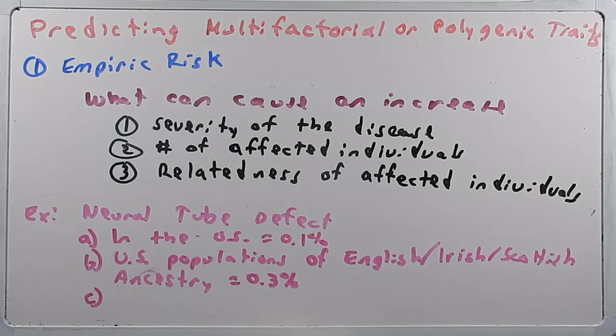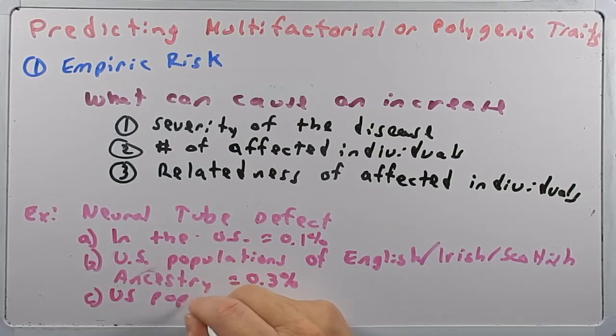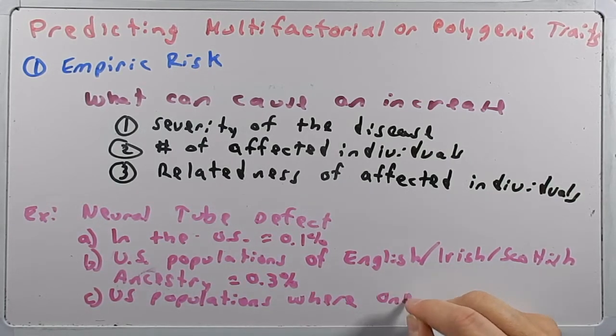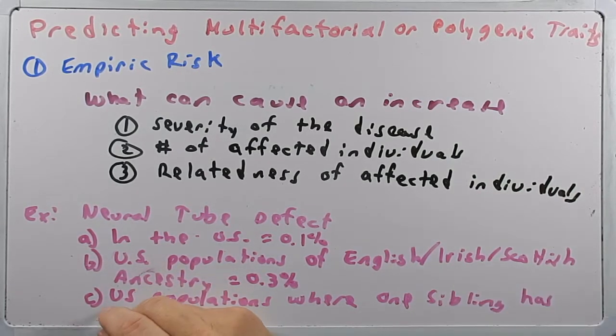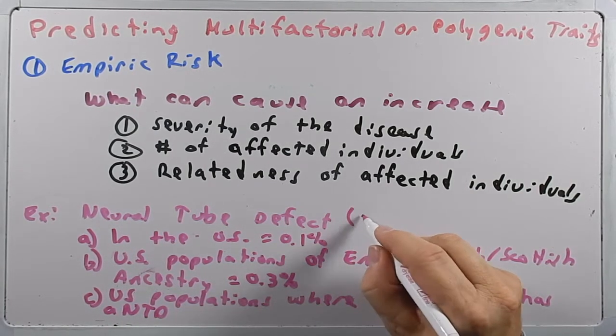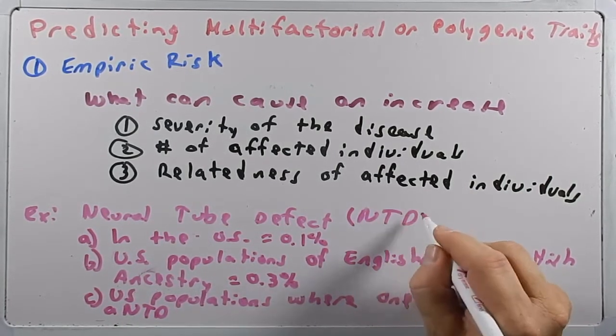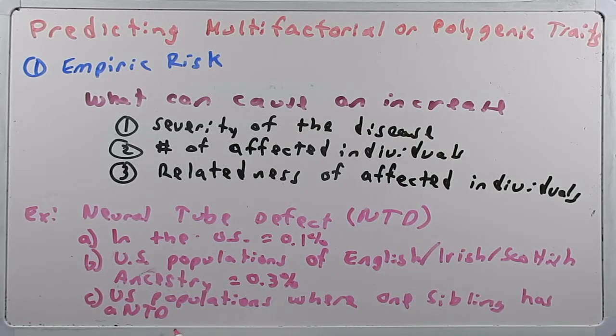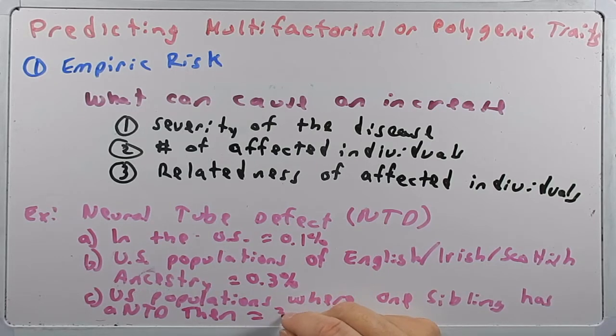Now, if you look at a different population, you say U.S. populations where one sibling has a neural tube defect. I should have abbreviated that up here. When I say NTD, that's what I mean, neural tube defect. So when one sibling has a neural tube defect, then that empiric risk goes up to 3%. So that increases it by 10 times.